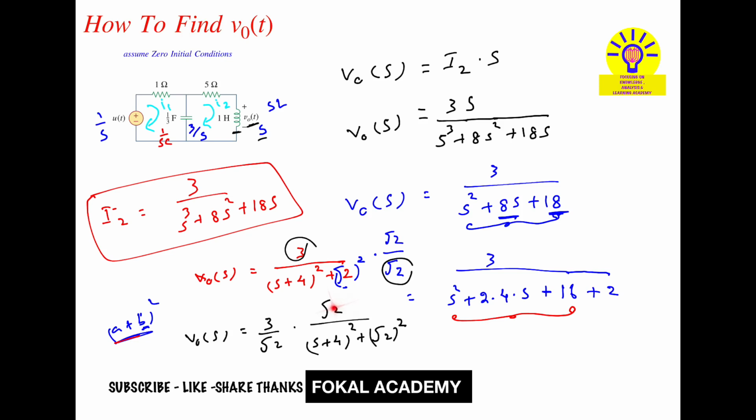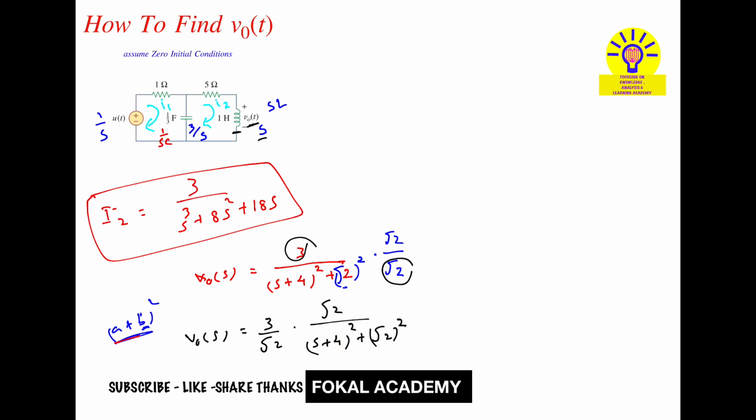Now we can easily convert into time domain by using inverse Laplace transform. See here, omega by s square plus omega square form is for the sine function. Here shifting is there, so the shifting property is applied. So V0 of s becomes V0 of t. Keep the constant 3 by root 2 outside.